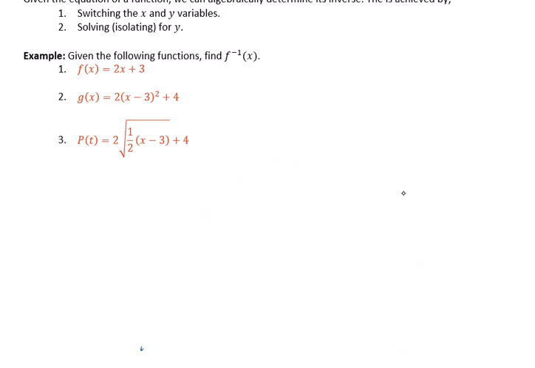Okay, let's look at these other equations here. It turns out that the inverse of a linear function is another linear function. Let's check for this quadratic here. So g of x, in this case, is 2 times x minus 3 squared plus 4. And for the inverse, y equals, this is going to be x equals 2 times y minus 3 squared plus 4.